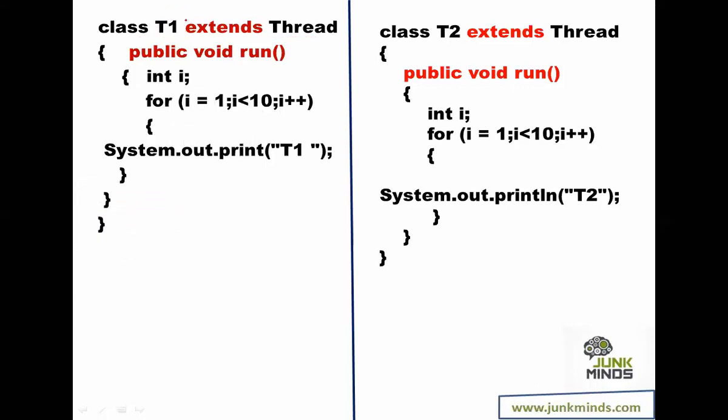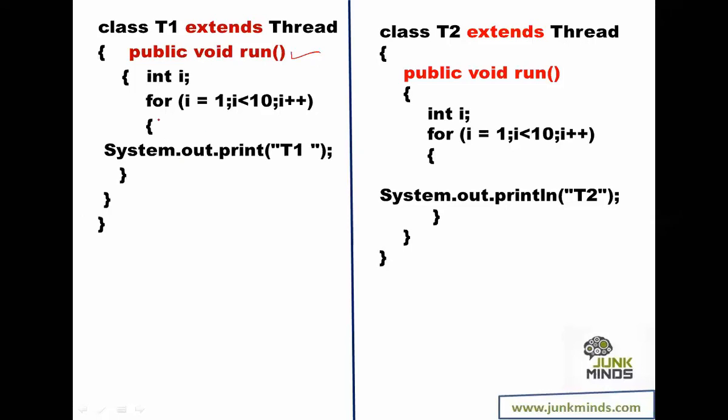Now inside every class that is derived from class Thread, we will be required to write this method called run. This run method will precisely define the functioning of this particular thread. This function run will decide what exactly the thread would be doing. In other terms, if you want the thread to do something specific, then the code for whatever you need to do has to be written inside this run method.